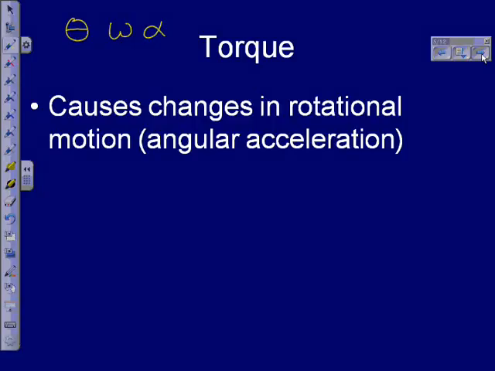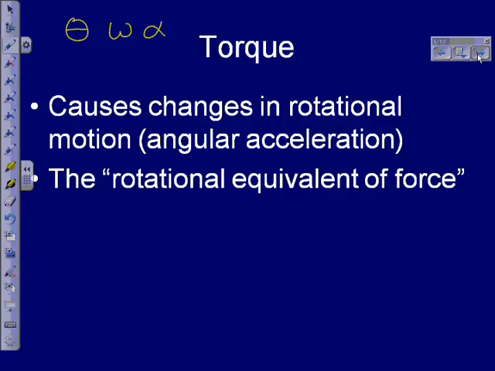What does that sound a lot like that we've spent a lot of time talking about this year? That sounds a lot like force, right? Force causes acceleration, so this is the cause of angular acceleration. We sometimes refer to torque as the rotational equivalent of force, just like angular velocity is the rotational equivalent of velocity.